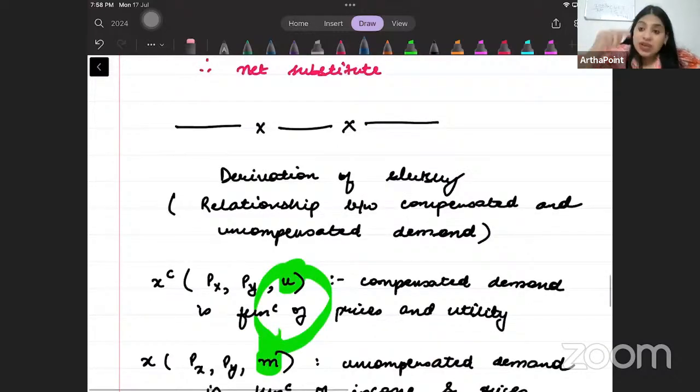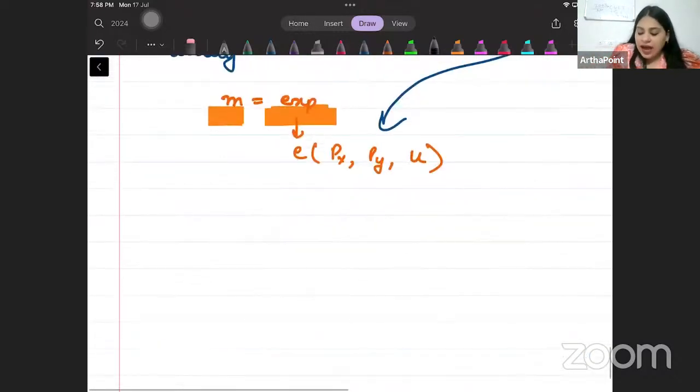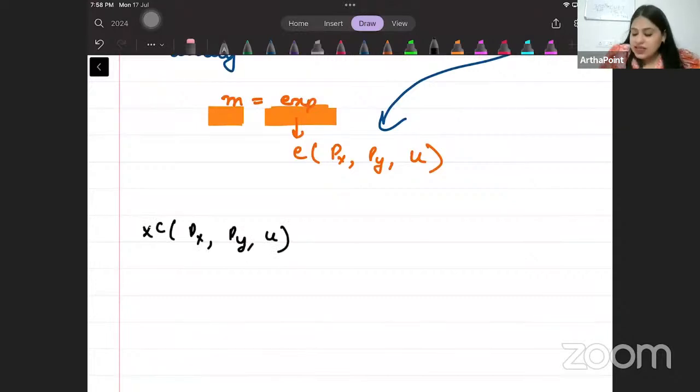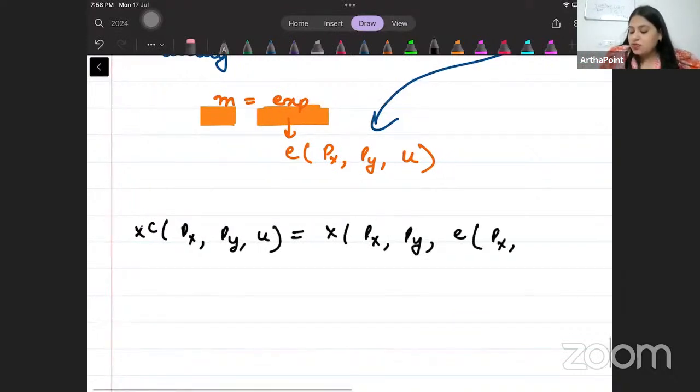So I can rewrite this. How, beta? I will say that the compensated demand is equal to uncompensated demand, but income की जगह पे I will write the expenditure function now, since the two are equal to each other.